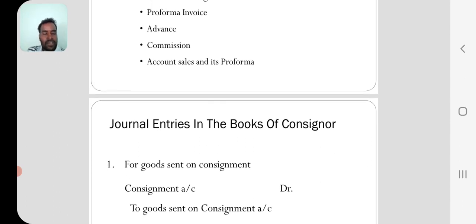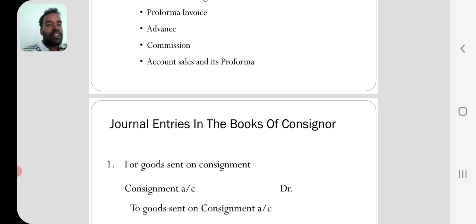Account sales and its pro forma. Account sales is prepared by the consignee. It contains what goods are sold, how many, and what the prices are.